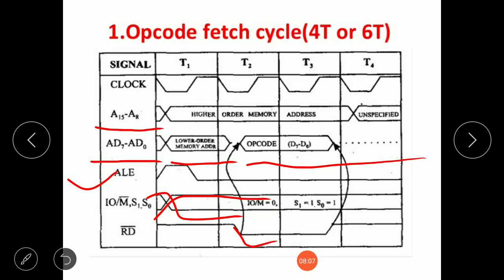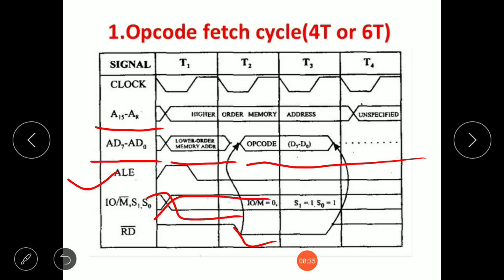As I've already told you when discussing the pin configuration, when the RD bar signal gets activated, some data will go either from memory to the microprocessor or from an input output device to the microprocessor. Here we are talking about memory, so data will go from memory to the microprocessor, meaning a reading operation is being performed by the microprocessor.